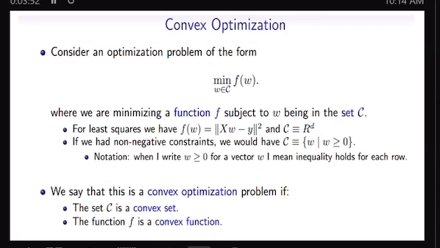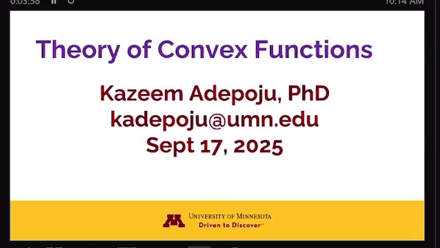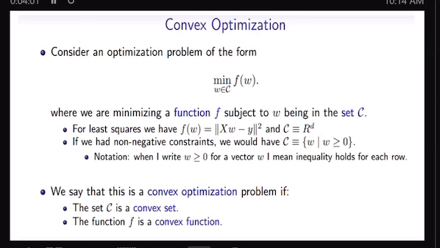Okay, so if you take a look at what I have, a function f of w, I want to minimize it, and w is a member of a set C. Now, if I want to minimize, there are so many models in statistics and in the machine learning world where our intention is to minimize.